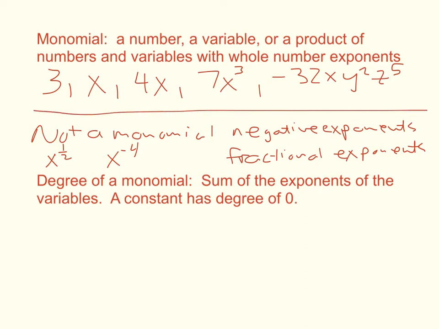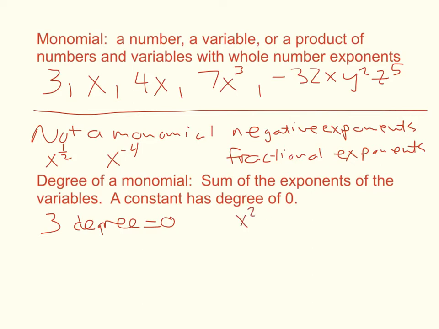So now the degree of a monomial, once we've determined it's a monomial, is the sum of the exponents of the variables. A constant has a degree of 0. So that number 3 up there, the degree is 0.